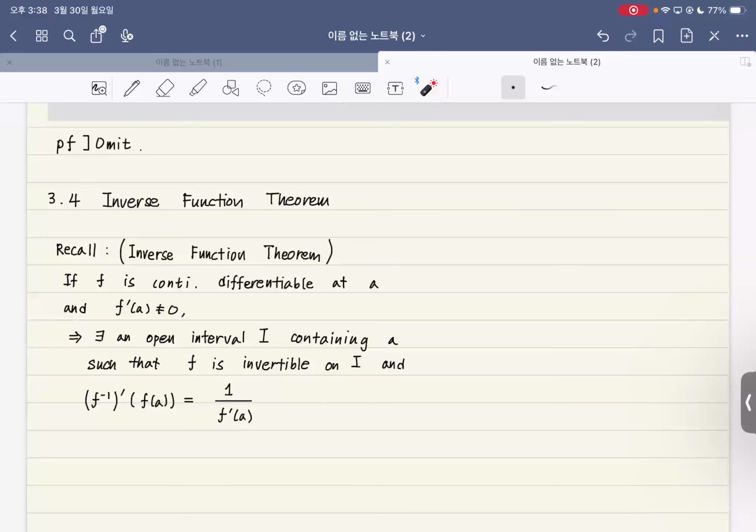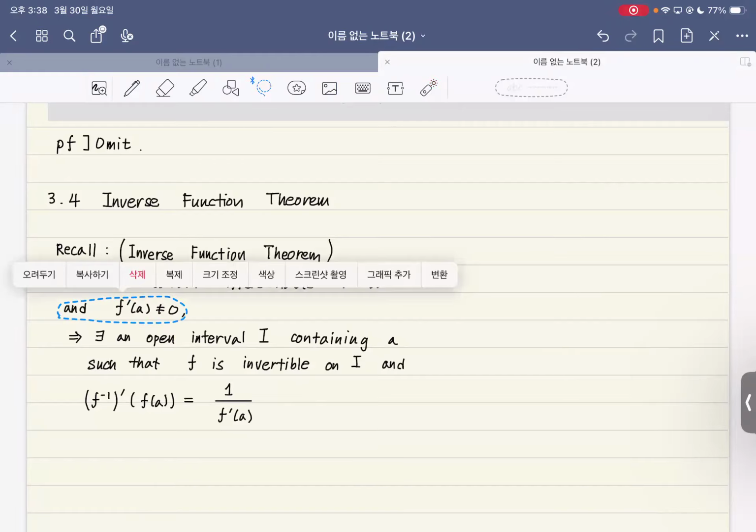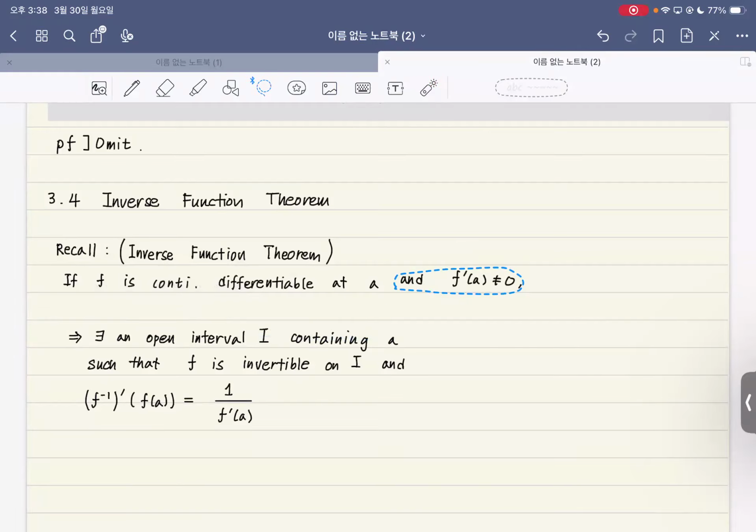Suppose that I have a single variable real valued function f, and say that this function is continuously differentiable at some point a. This is a very important hypothesis. And also let us assume that it has a non-zero derivative at this point.